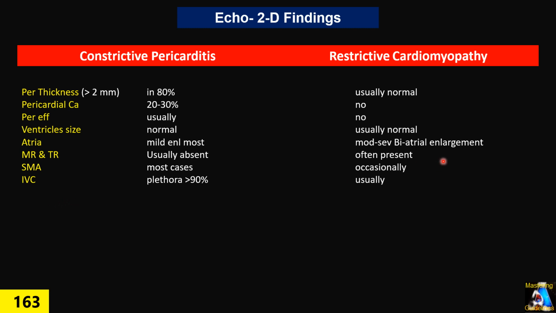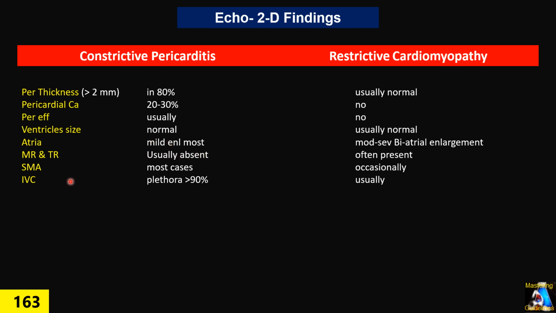Because of that, MR and TR are very common in restrictive cardiomyopathy, but in constrictive pericarditis, the condition itself does not cause mitral or tricuspid regurgitation. Maybe if there is another primary or secondary problem of the valves, we can expect to see some degree of regurgitation.